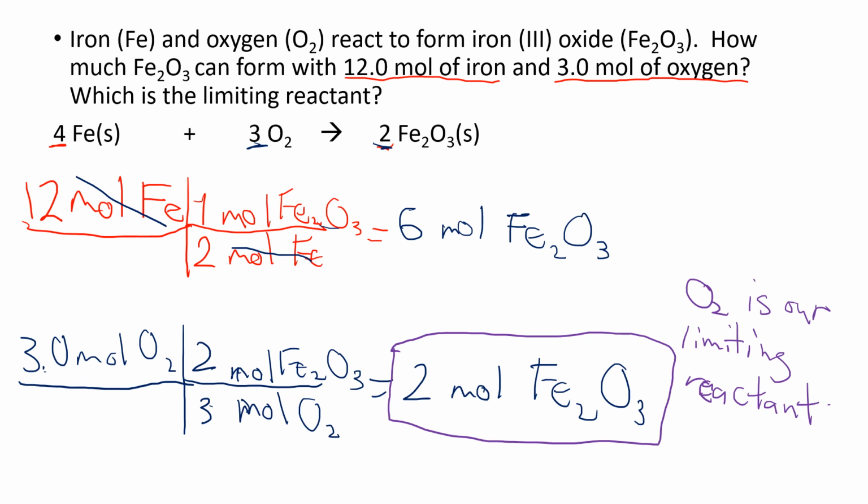So the moral of the story is you can't just tell by looking at the chemical equation and by looking at the amounts of any reactant which one is the limiting reactant. You have to actually go through and do the calculations for both and figure out the smallest amount available, and the one that produces the smallest amount is your limiting reactant.